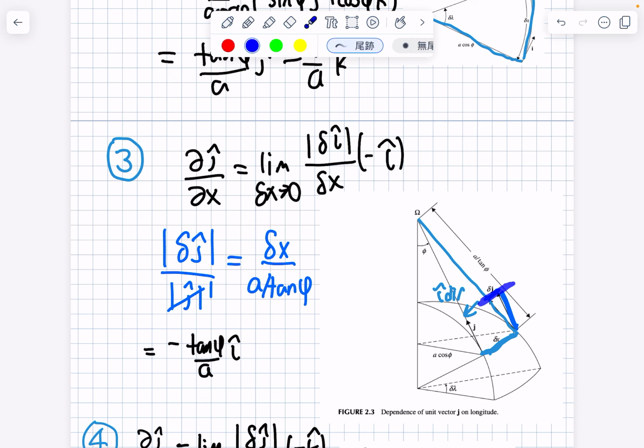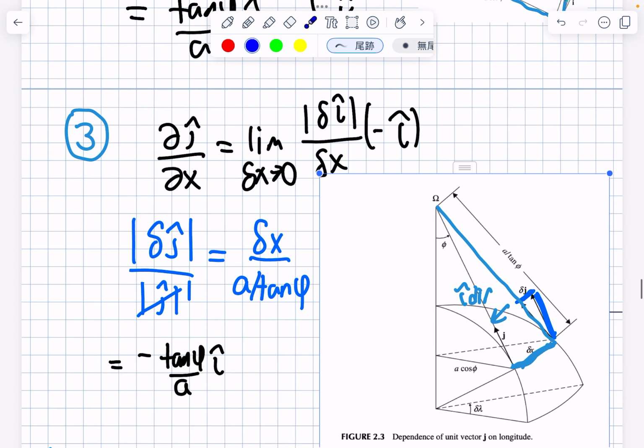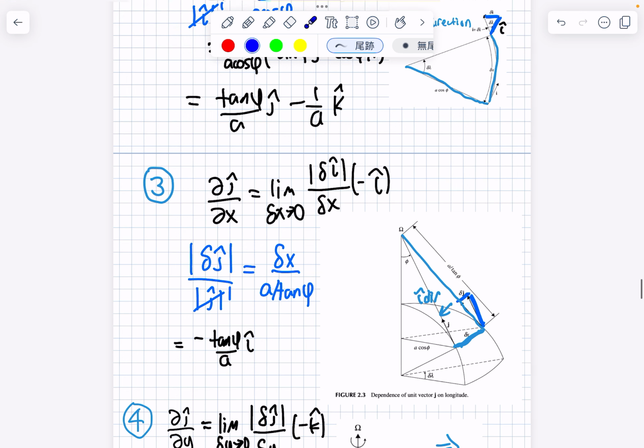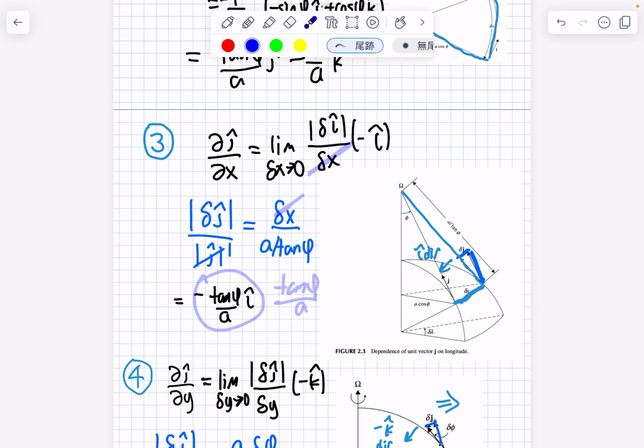So we have the magnitude of delta j over the magnitude of j, which is 1, equal to delta x over the length here, which is a tangent phi, which you can also show geometrically, which I won't do here. Now we plug this in. We have negative I, and then this is over a over tangent phi. So it's tangent phi over a, and the delta x's go away. We're left with this term.